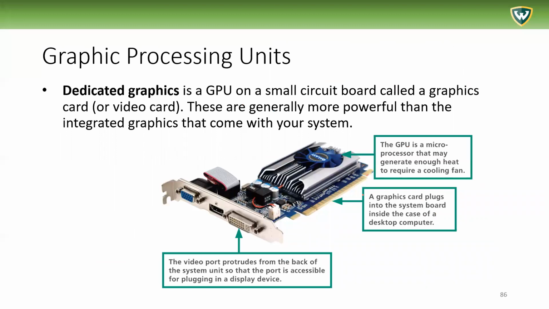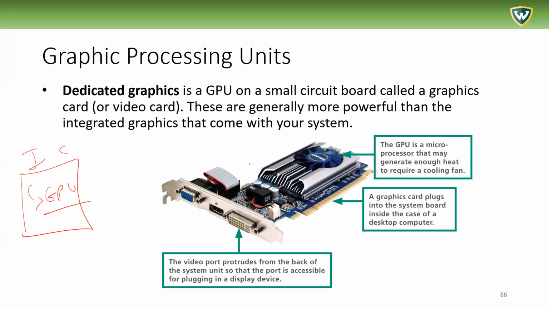Graphics processing units. Dedicated graphics is a GPU, graphics processing unit, on a small circuit board called the graphics card or video card. As we saw before, sometimes in the microprocessor itself, in the integrated circuit, there will be a GPU inside. They will process the graphics inside the integrated circuit itself.